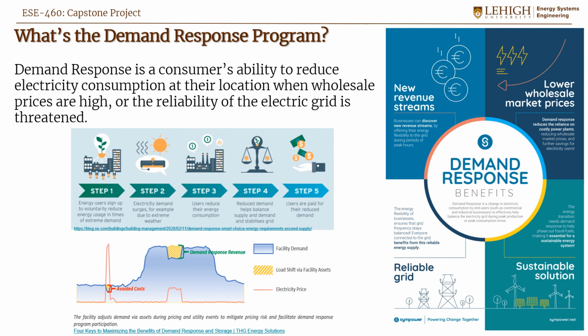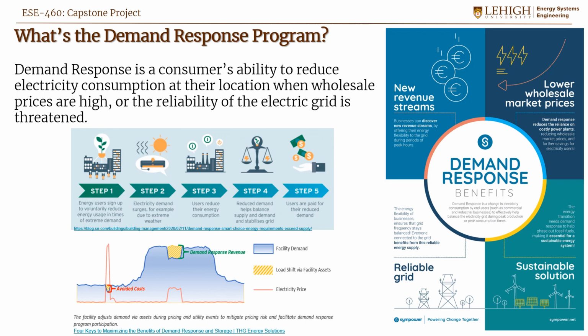There are steps that should be followed by the user to participate in every demand response program. Firstly, the user should sign up for voluntarily reducing energy usage during extreme periods. Second, electricity demand surge is triggered, for instance, by an extreme weather event.